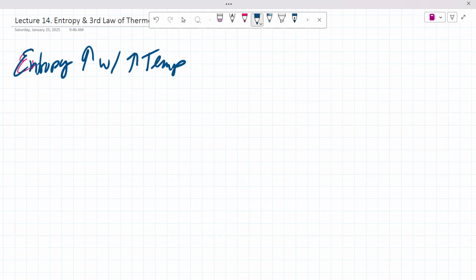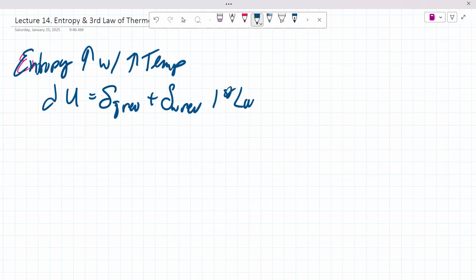Like we were saying, we have dU equals dq rev plus dw rev. This is the first law. We have done dS is greater than or equal to 0. This is the second law.